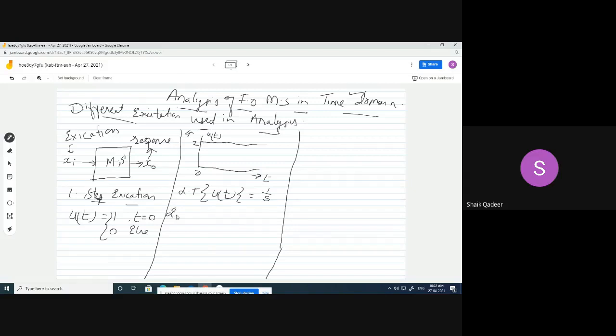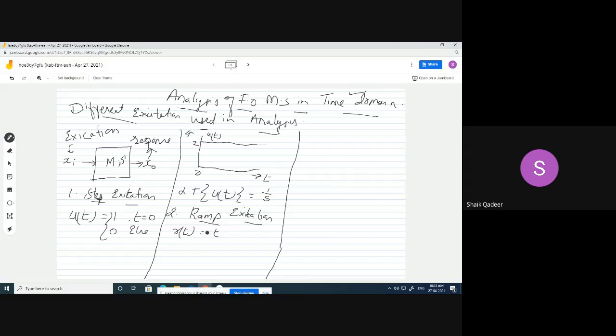The second excitation we use is called ramp excitation. The ramp excitation is represented by the letter r of t, and it is equal to time itself, sometimes kt.